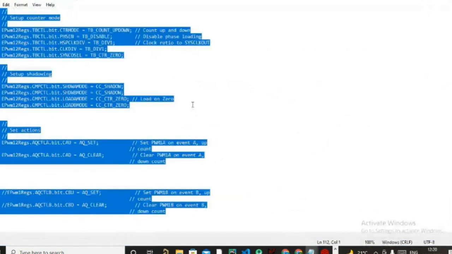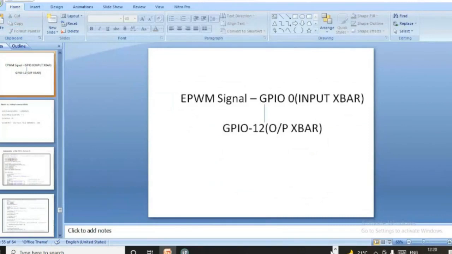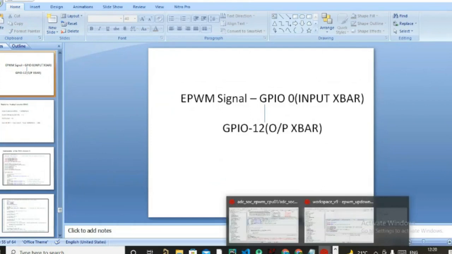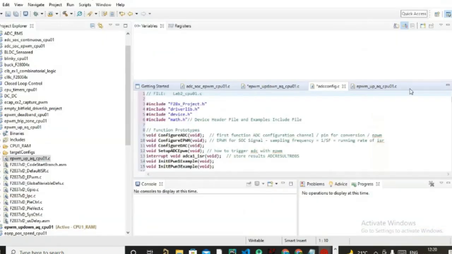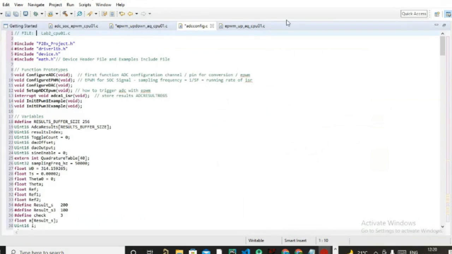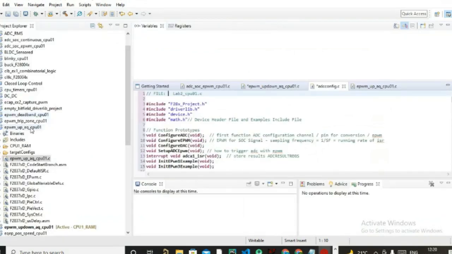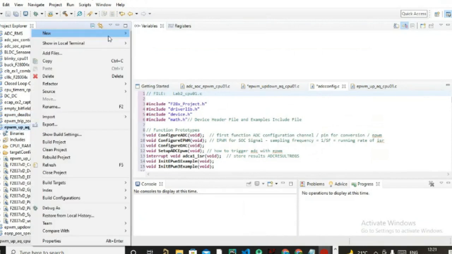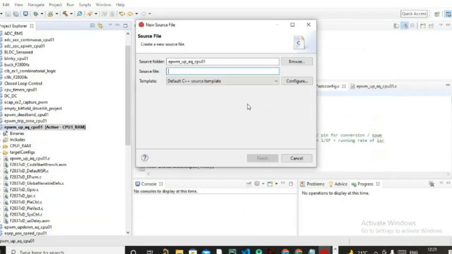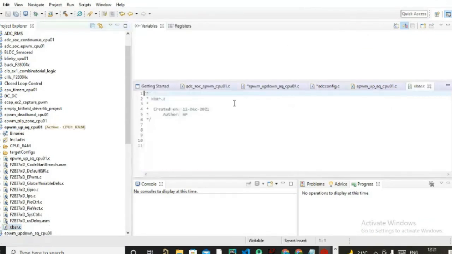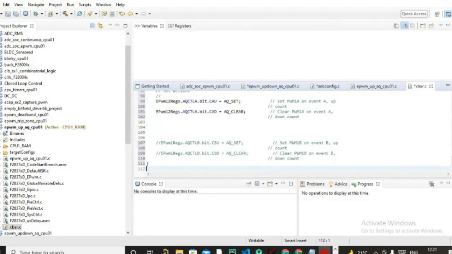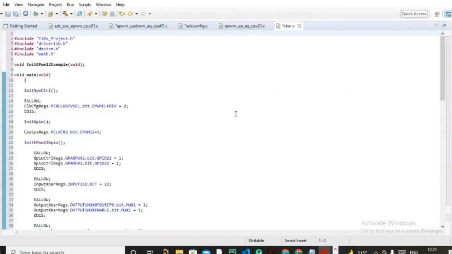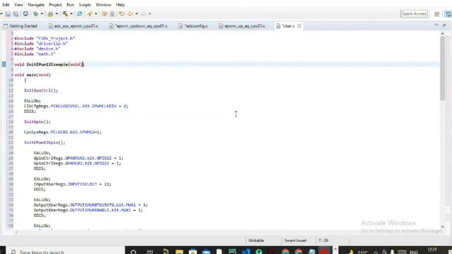I'll just copy this. So in this example, what I am doing first is I have initialized a function, which is epwm 12.